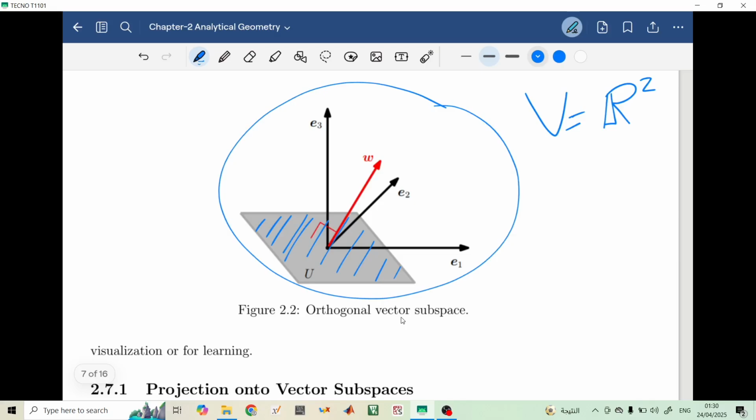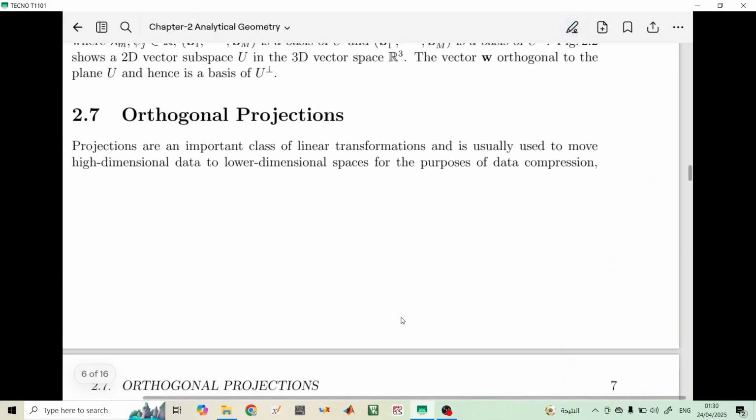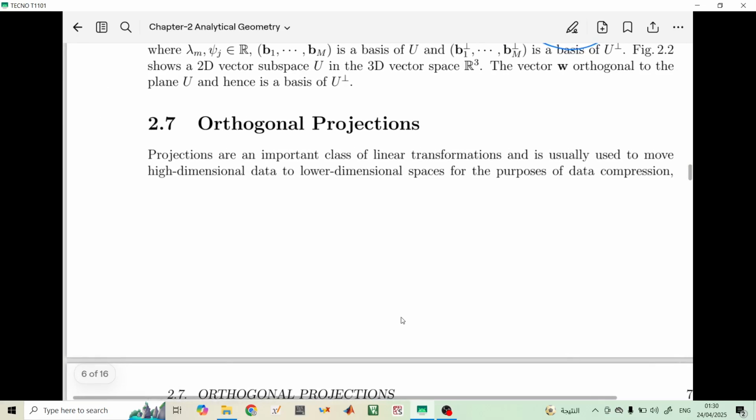What is U perpendicular is the rest of V, so it's everything in V not in U. So we can say actually that both of them, in some cases, will build up or constitute the original vector space.